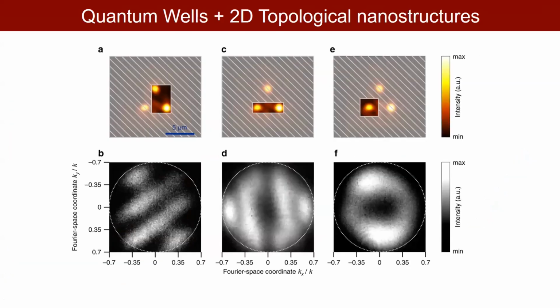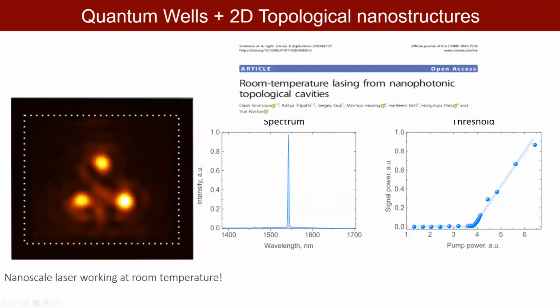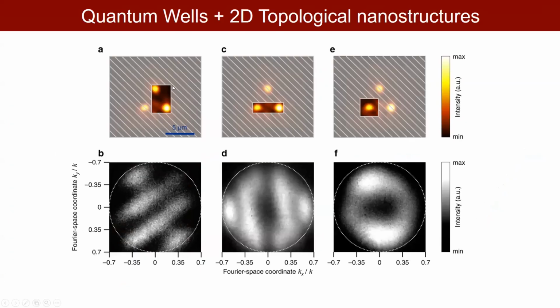We also observed coherence of the lasing emission from our topological nanostructure. We separated these two corners individually, and we observed fringe patterns in the back focal plane, and this proves that our lasing from this nanostructure is coherent.